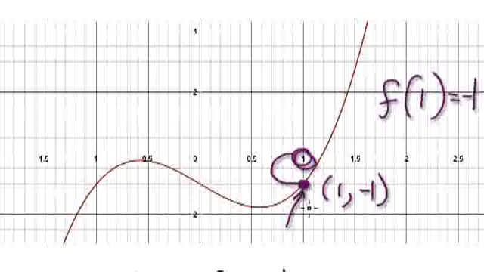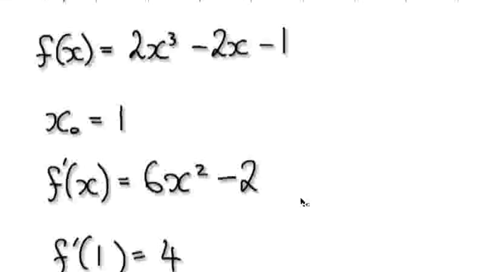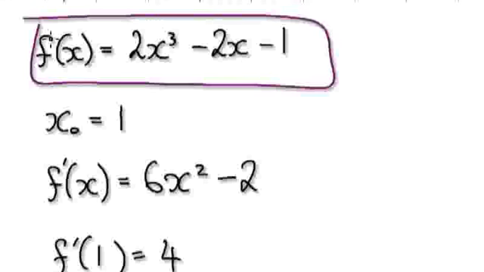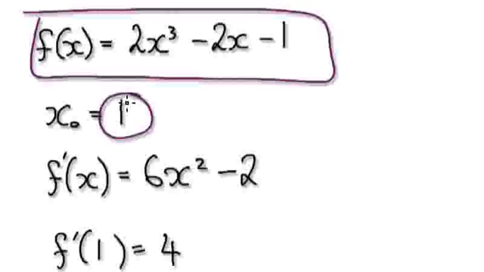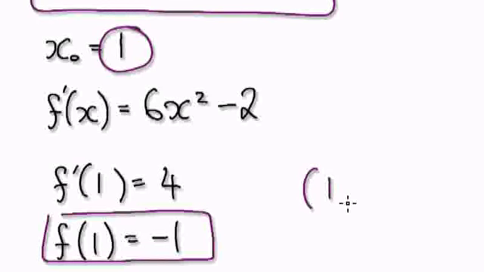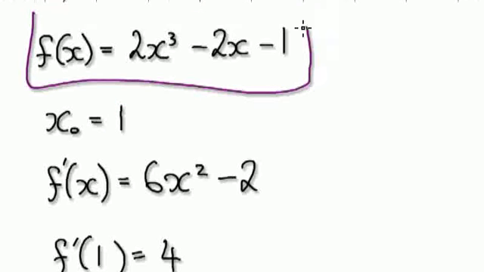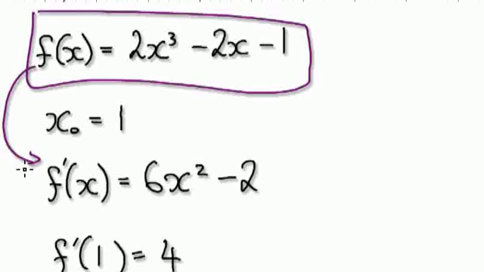Now you need to know the gradient at this point. So you start out with your function, and this is your guess. You put the guess into your original function, and now you know the coordinates: 1, -1. But then you need to know the gradient at that particular point. Given your original function, differentiate it, and that will give you your gradient.